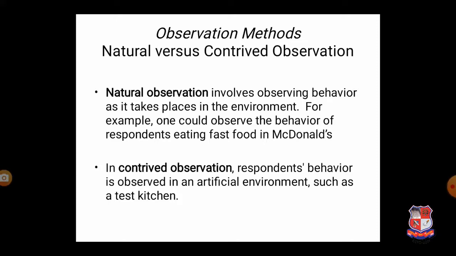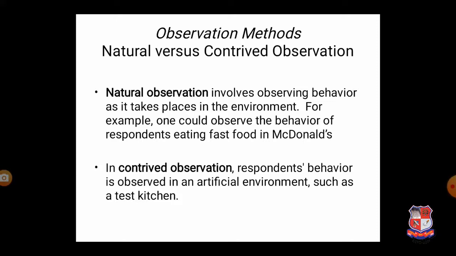Here the retail store is a natural environment and the researcher is observing how customers are purchasing. If a researcher wants to understand the eating habits of customers, they can visit a McDonald's store and observe customer behavior to understand eating habits. That is a part of natural observation. Contrived observation means observing customer behavior in an artificial environment.